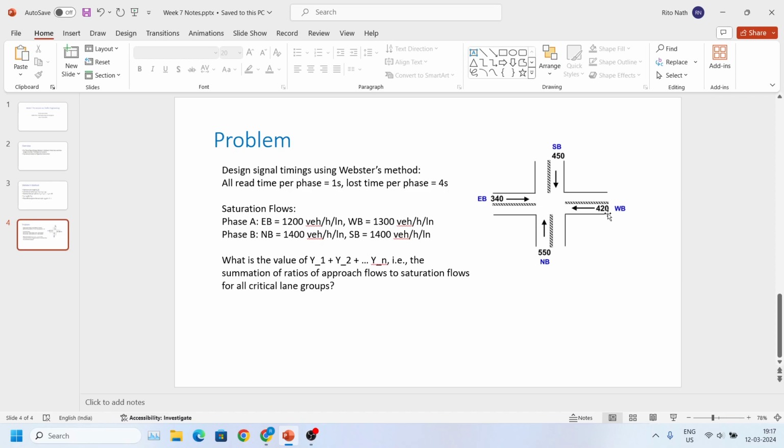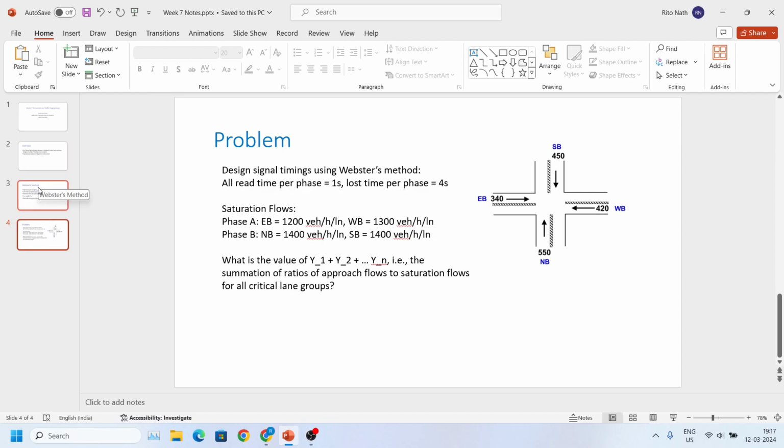Like this is 340, 420, 450 and 550. Saturation flows are also given. These are the values. It's now very simple to calculate yi values, which is nothing but related to qij divided by sj, that ratio.